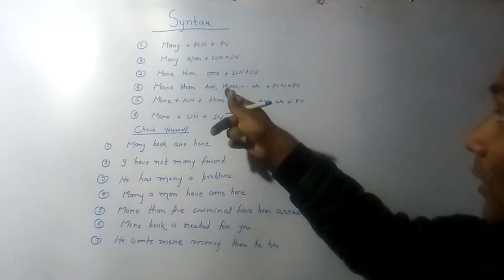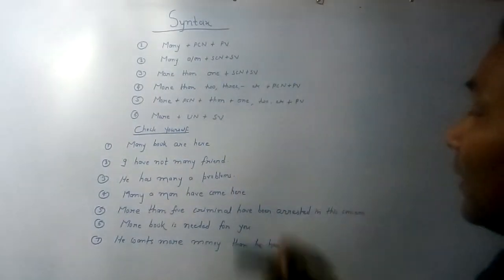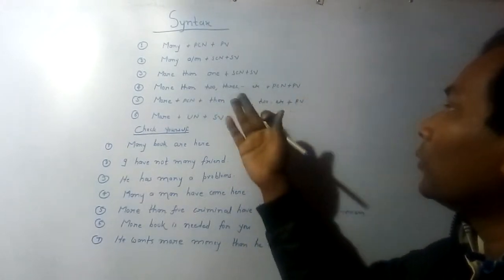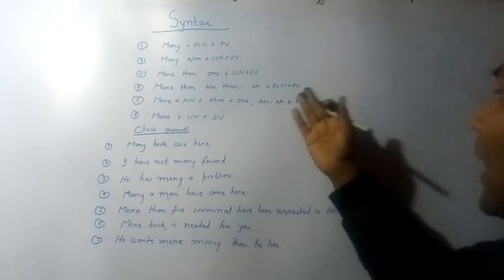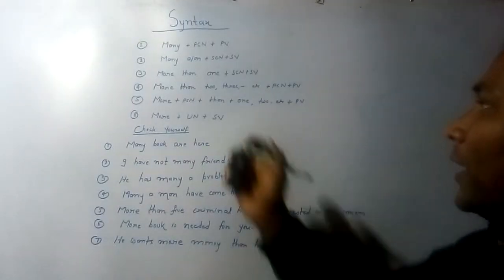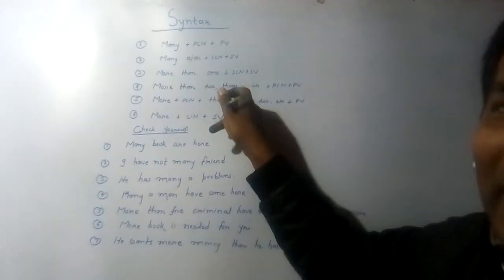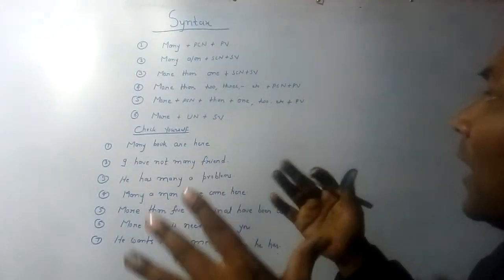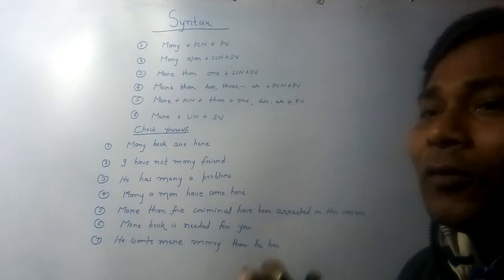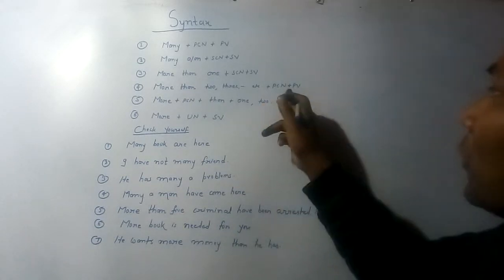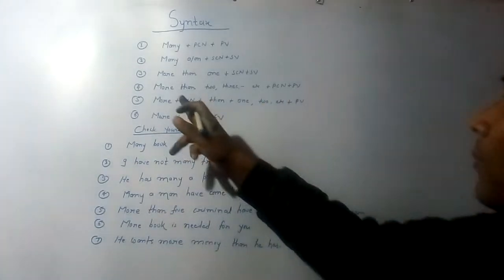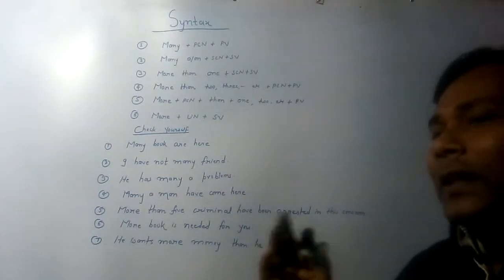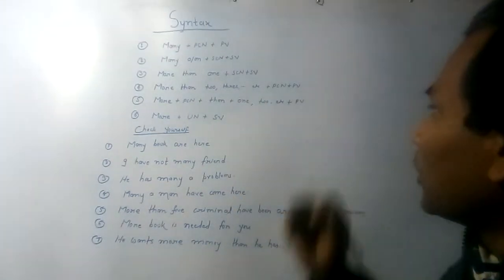And if you use 2, 3, 4, in these cases you can add a plural countable noun after 3, 2, etc. Okay. Then you can use a plural verb. Suppose this is a plural form. Okay. So you can use a plural verb. More than 2, 3, etc. after it you can use a plural countable noun and then a plural verb.